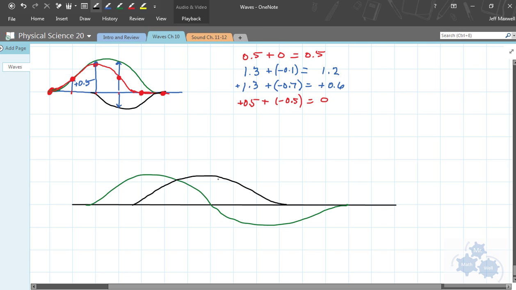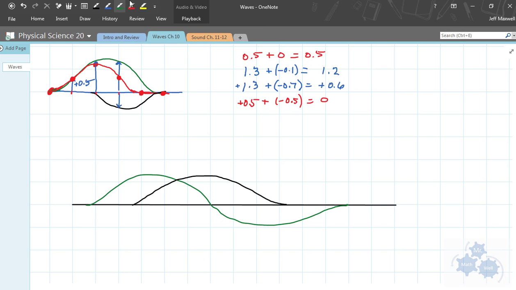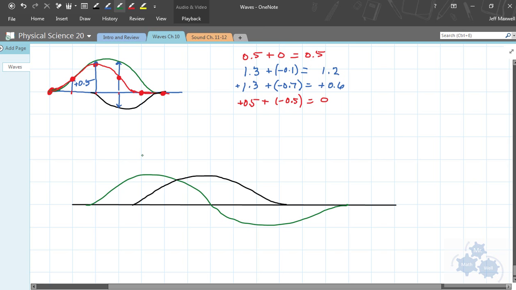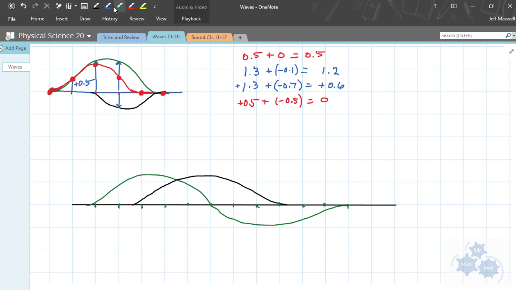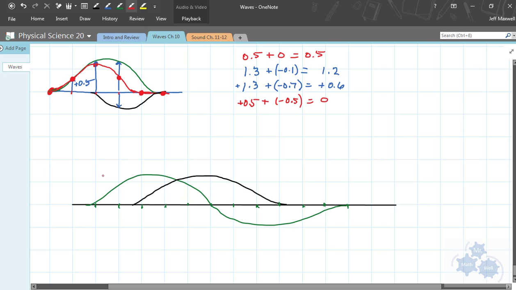So in this example here, we do the same thing. We just take random points, and I'm just going to mark off these points right on the vertical lines of my graph paper on my screen. So those are the points that I'm going to consider. I'm going to make dots on those, and the more points you make, the better your diagram would be. But let's just focus on these right now.